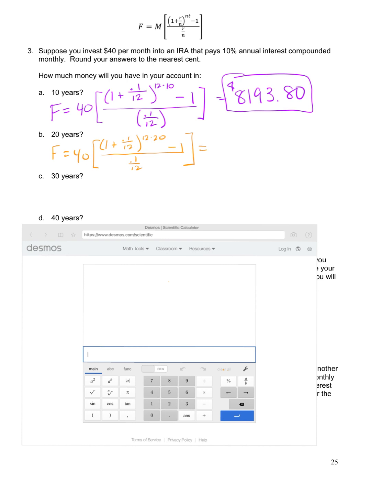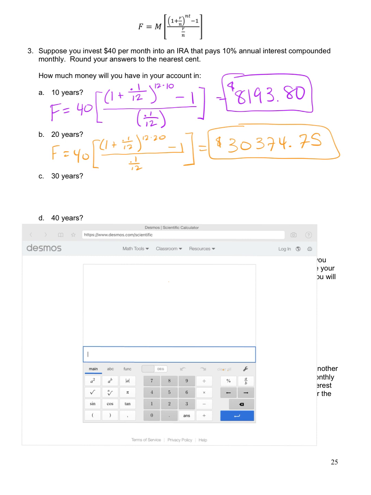Take that answer and divide by 0.1 over 12, and then multiply by 40. And I get $30,374.75.